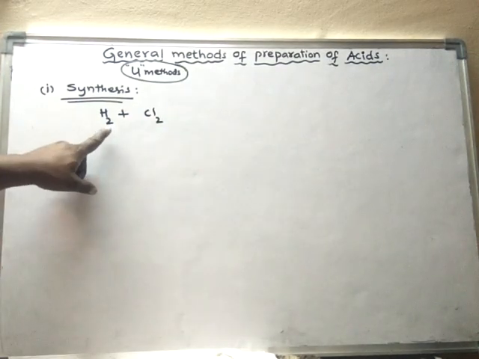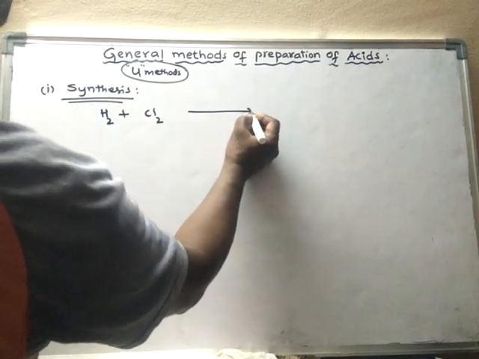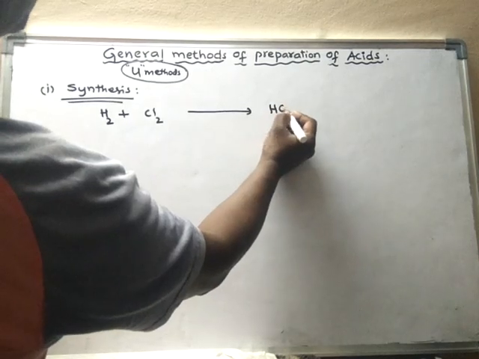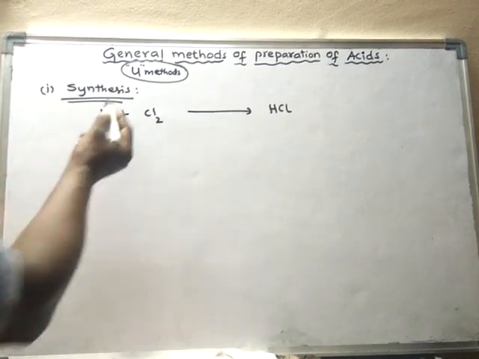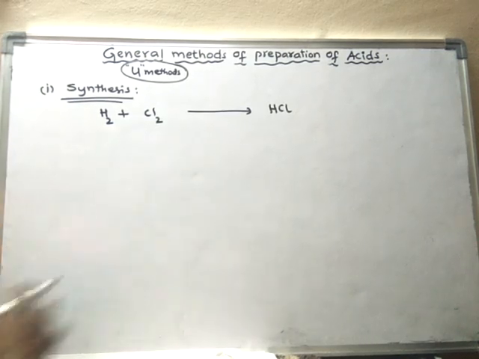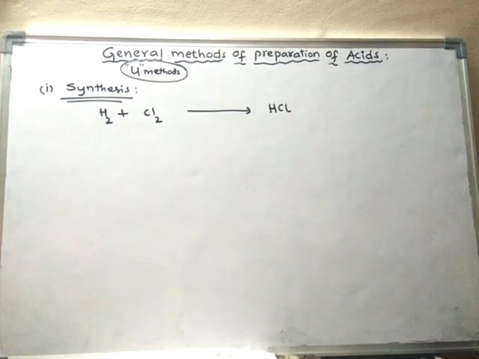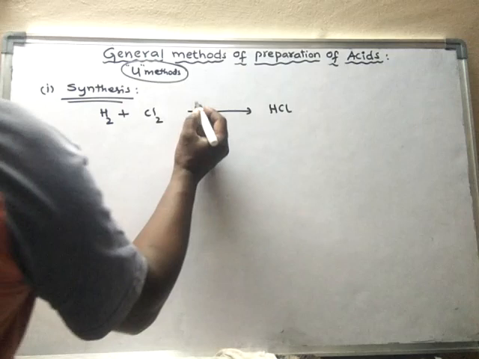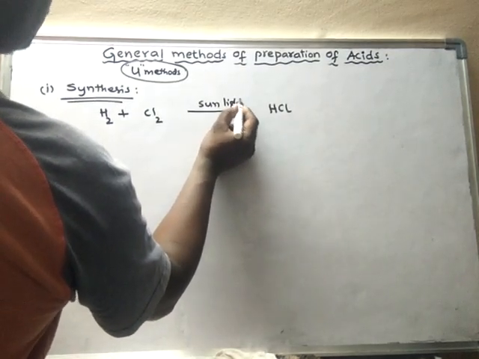So when two different elements combine to form a compound, the reaction is said to be a synthesis reaction. Here it is direct synthesis, so these two elements directly react, and we have to provide the reacting conditions. Generally hydrogen will react with chlorine even in sunlight.